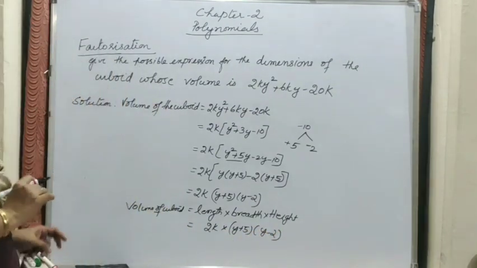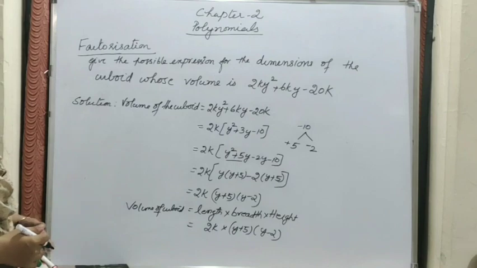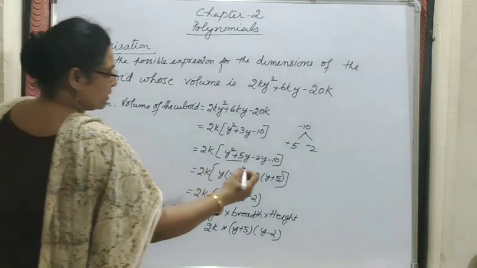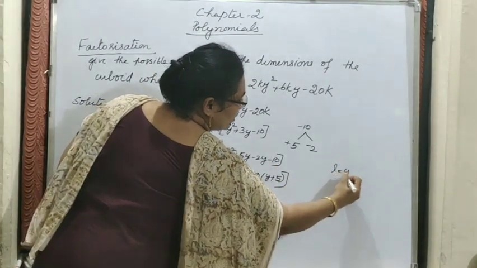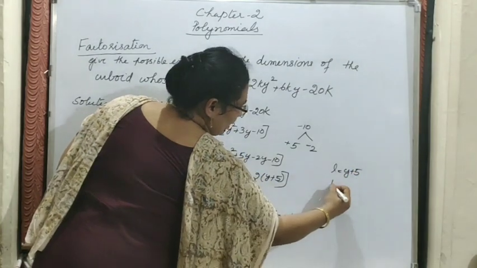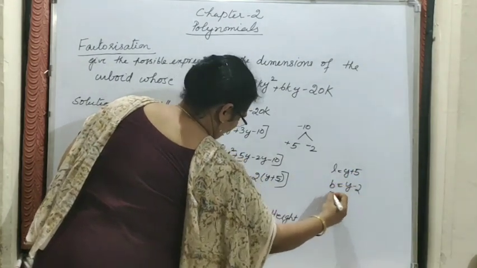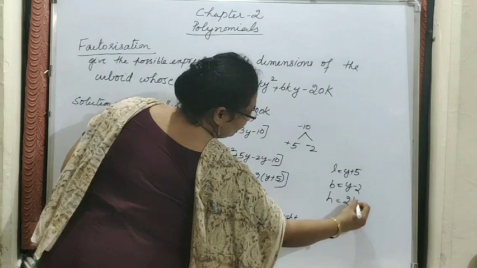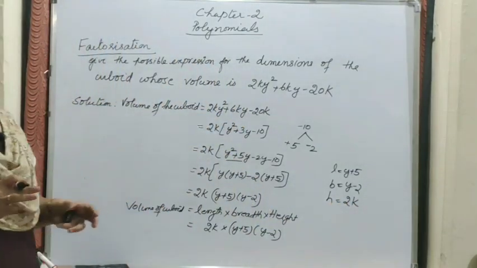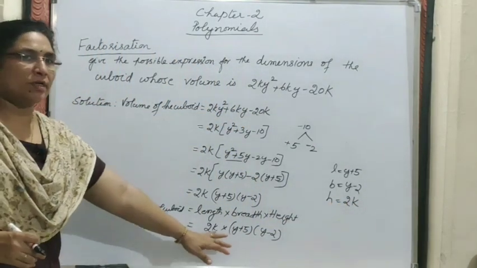Right? It is one possible way. Now another possible way, anybody who wants can take L as y plus 5, B as y minus 2 and height as 2k. Right? So any way you can write, but these are the three choices for us.